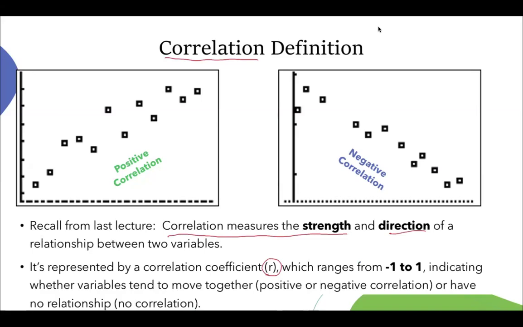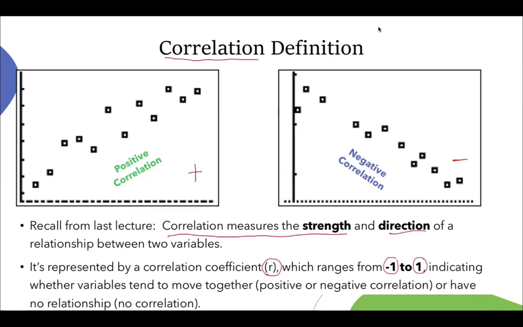The sign, positive or negative, for R indicates whether the correlation is positive or negative. So when R is negative, we have a negative correlation. When R is positive, we have a positive correlation. Now, the closer R is to -1 and 1, the stronger the correlation is.